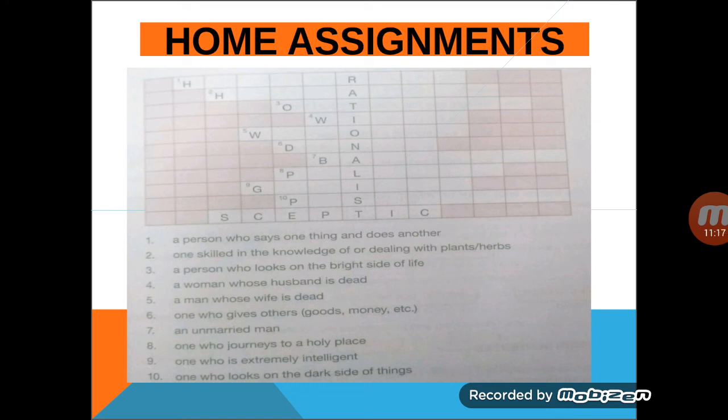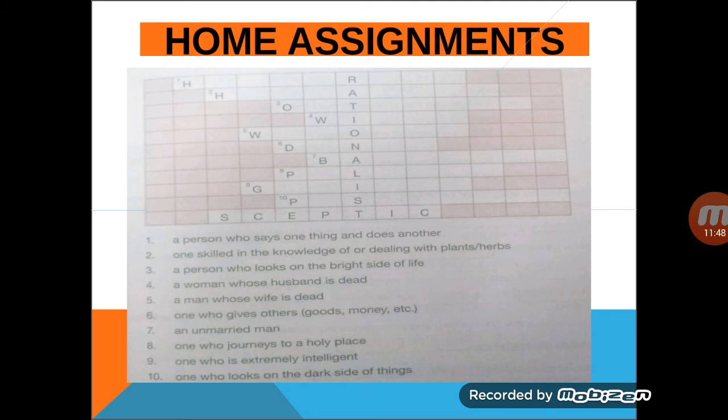The hint is given below: a person who says one thing and does another. It means that person is a hypocrite. H Y P O C R I T E, hypocrite. Then the next word is in front of you.